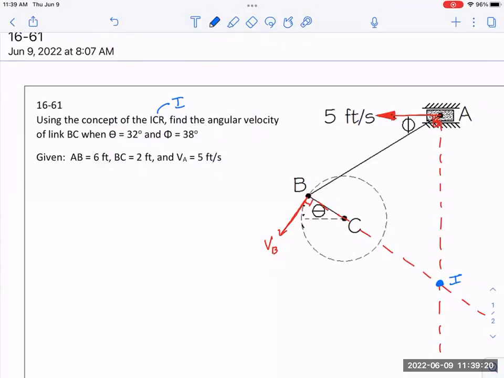If I can find those two dotted radiuses, given the fact that at that moment, this kind of fixed triangle ABC, I'm sorry, ABI, this fixed triangle that exists for at least just that instant in time is going to cause the rotational speed of A as it rotates around I and B as it rotates around I to be identical. So if I can find those two distances, those two radiuses, that's what's going to connect the velocity of A to the velocity of B. I'm just going to be able to go straight to the velocity of B, thanks to all this geometry.